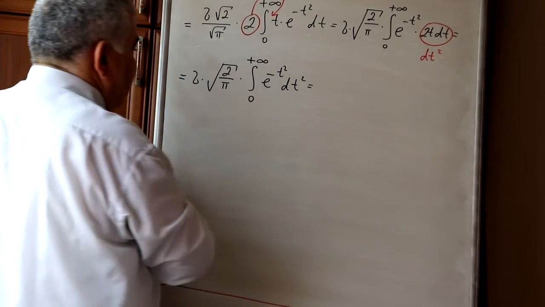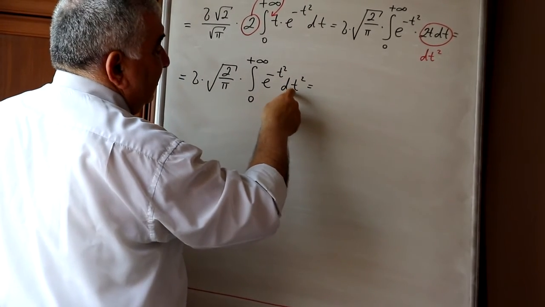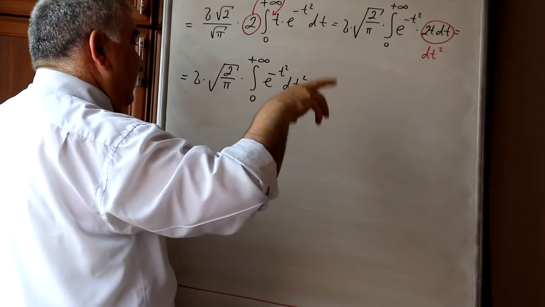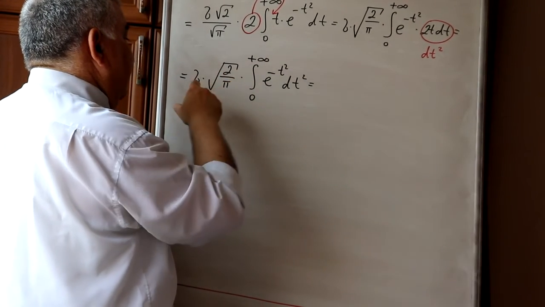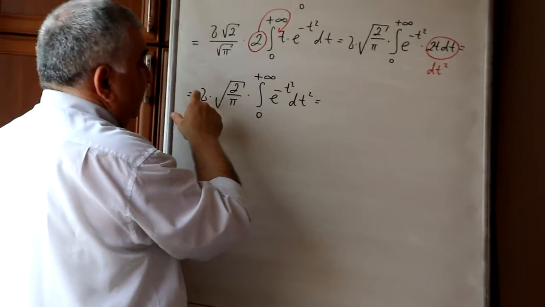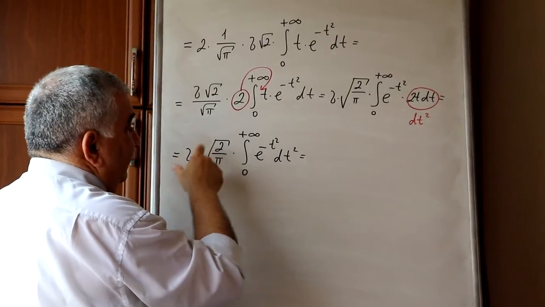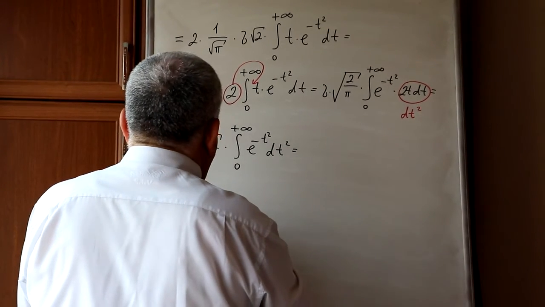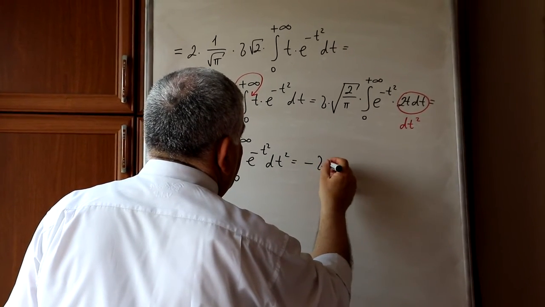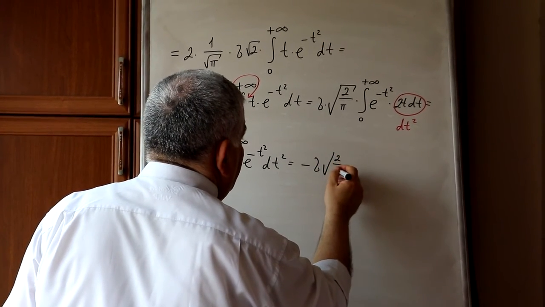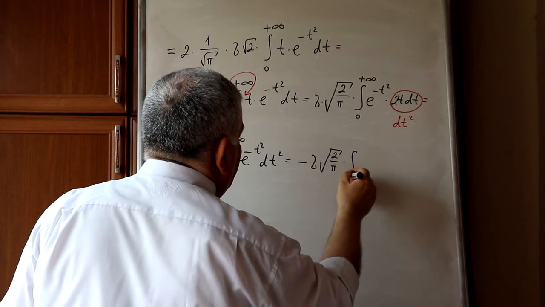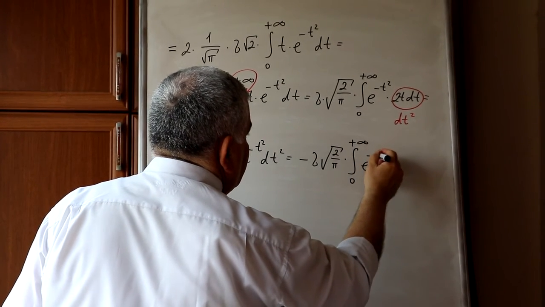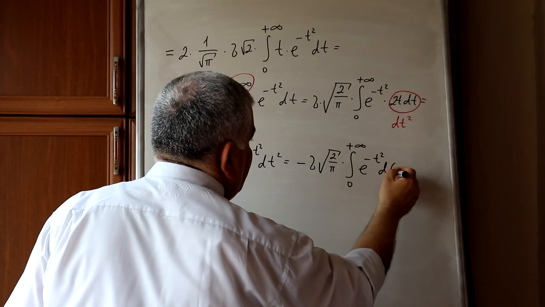Then we must introduce the negative sign into the differential symbol, and at the same time we must put the negative sign in front of the coefficient of integral. Minus sigma square root of 2 over pi multiplied by integral from 0 to plus infinity of e to minus t squared d of minus t squared.